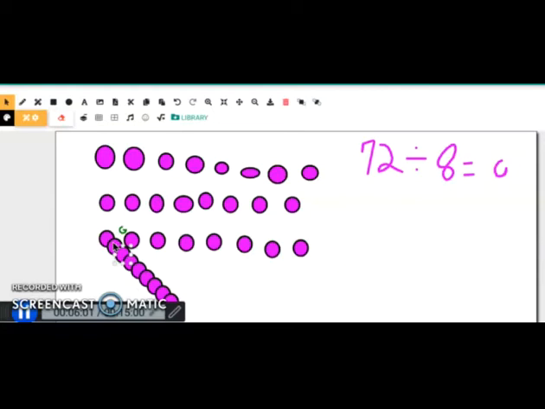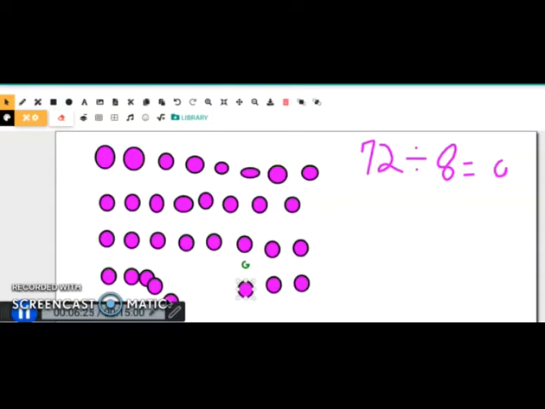And now we're down to 4 groups of 8. And again, those people who have passed their 4s, you know that 4 groups of 8 equals 32. So we still have some rows to make before we complete our 72.